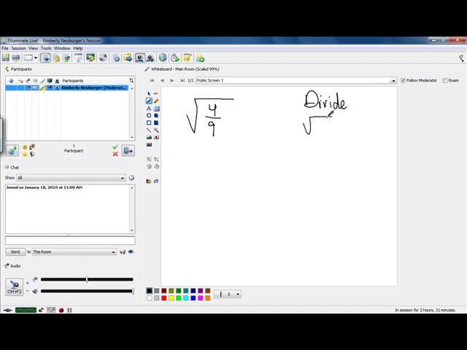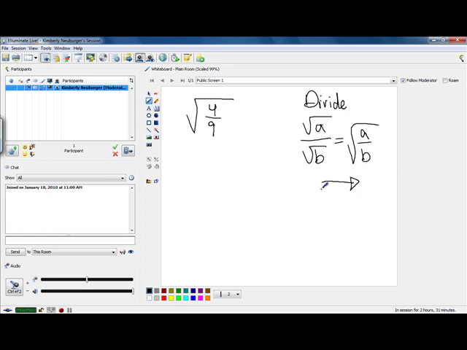When you're dividing radicals, what you're going to do is basically simplify it into the square root of the fraction. Now, this rule will go this direction if something happens to be the case.